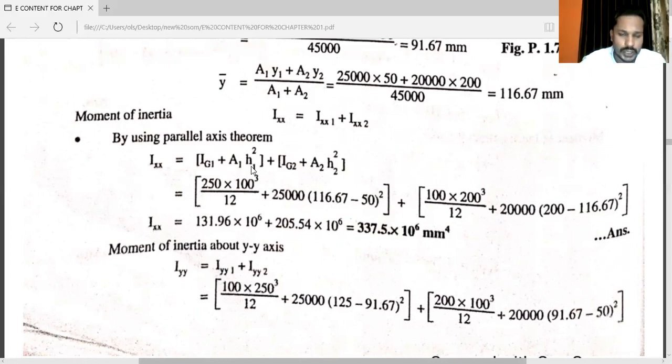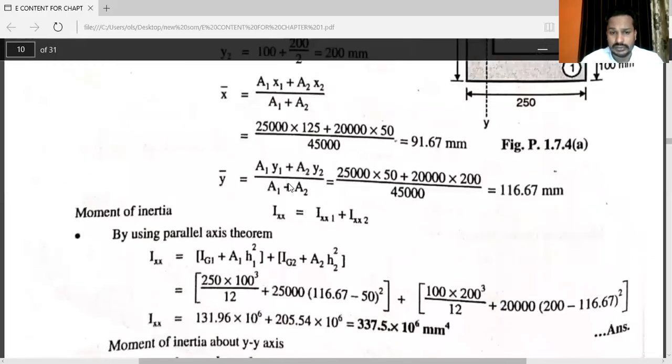This one is h1. So again see the formula. For Ixx1, the formula is Ig1 plus A1 into H1 square. This is the parallel axis theorem. So here, see how this H1 distance is coming.